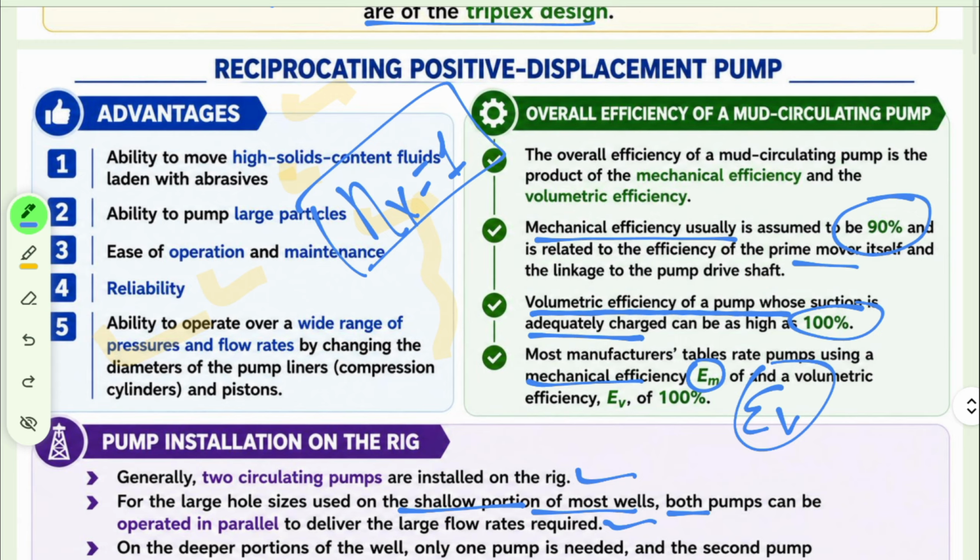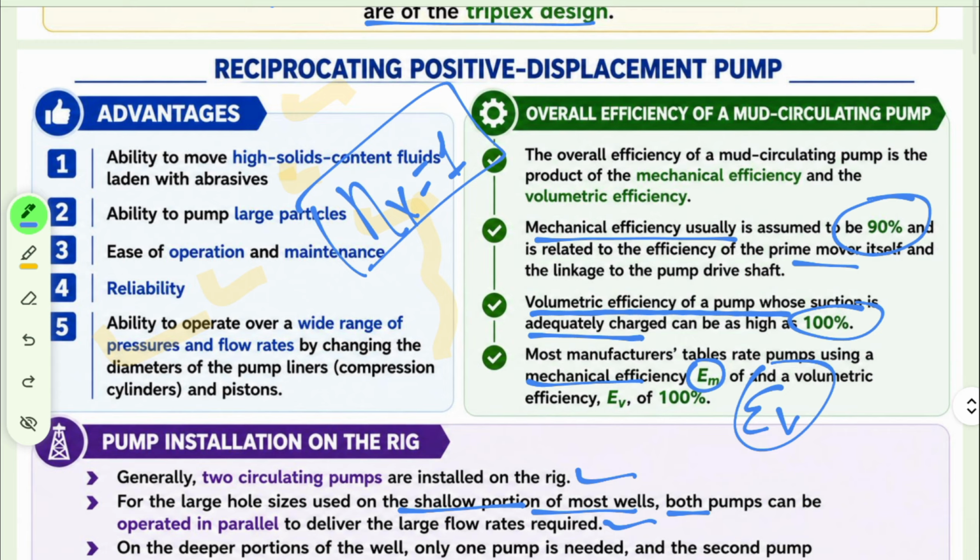So what they are saying is that when you are going to drill a well at shallow depth, in that case both pumps are in operating condition, means both pumps are operating. Why are they operating in both cases? Because they require a larger discharge, like large hole size, right. A large flow rate is required.